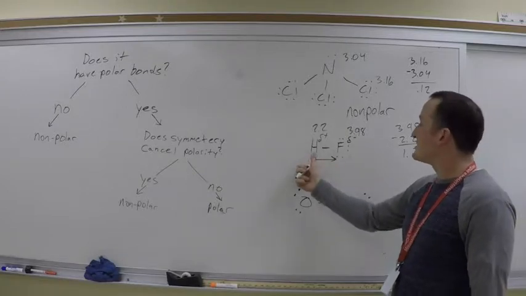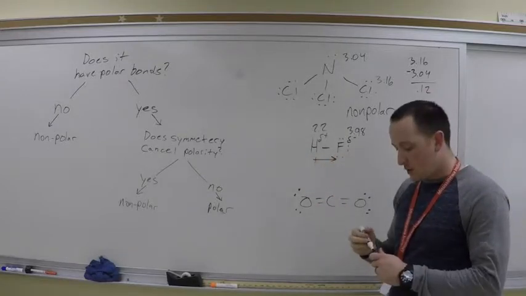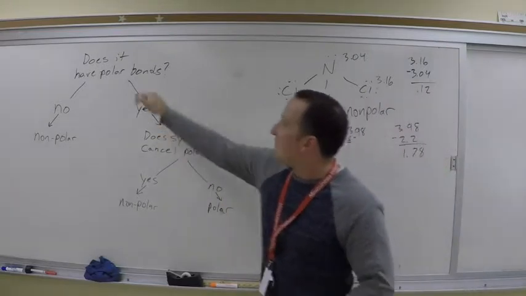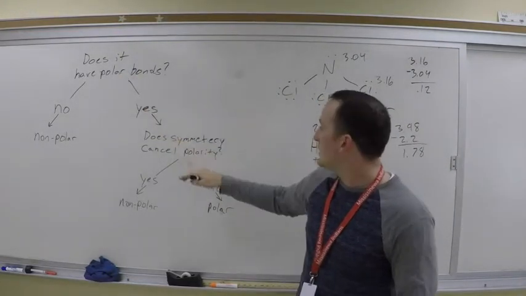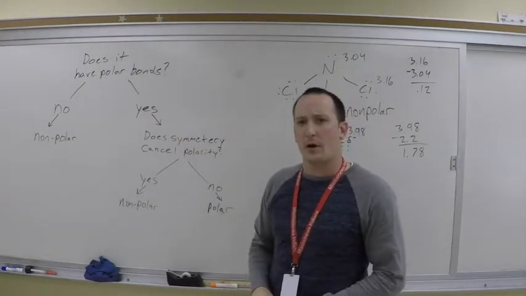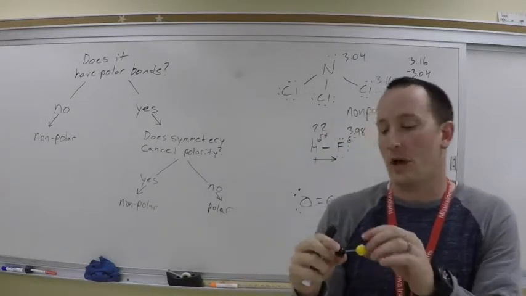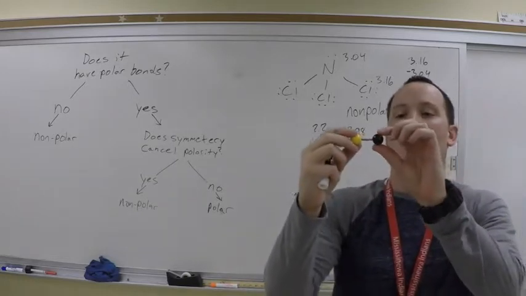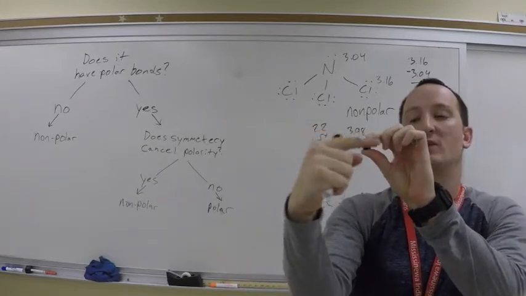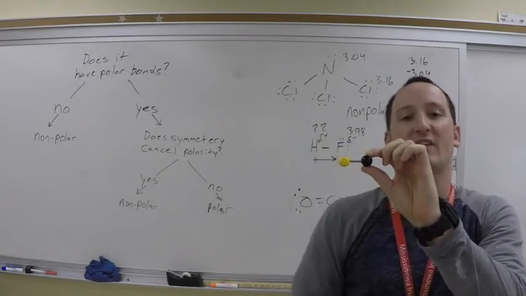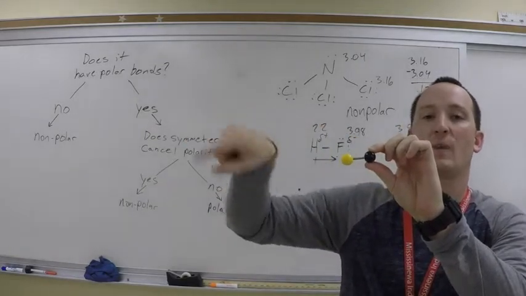So what that means is electrons are being pulled that way. So does it have polar bonds? I would say yes, it does. Does symmetry cancel out the polarity? Well, when I ask that question, what I mean is, since electrons are being pulled this way towards the fluorine, is there something that's canceling that out? Is there something that's pulling electrons back that way?